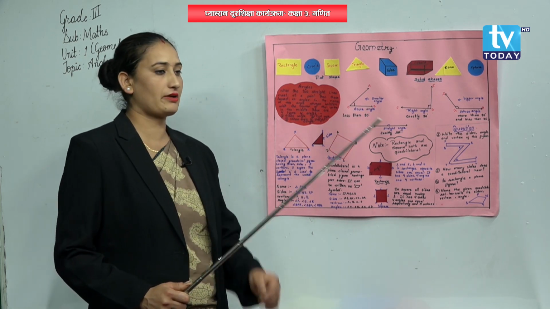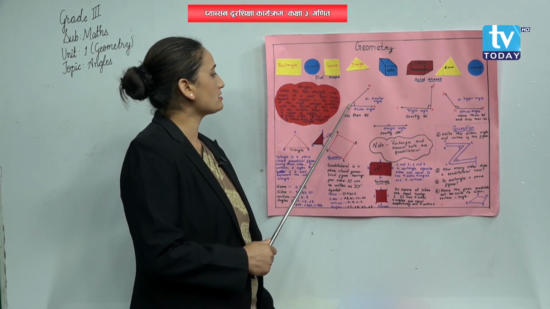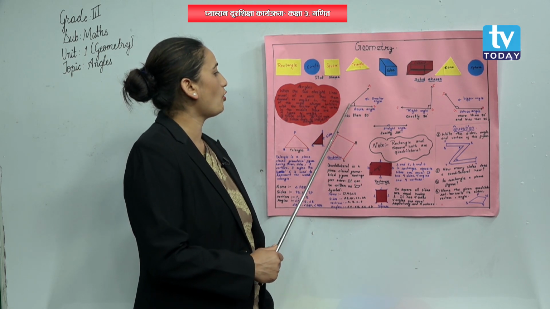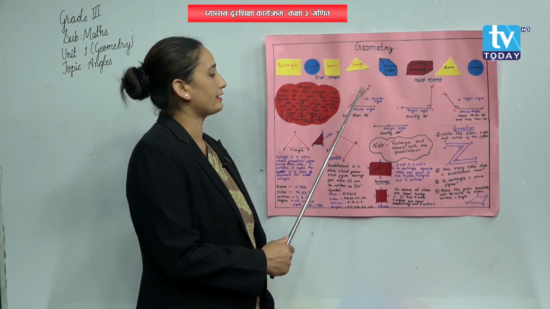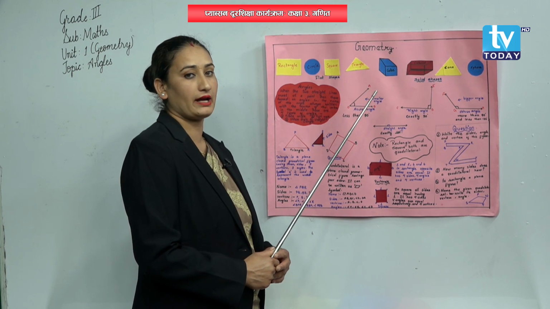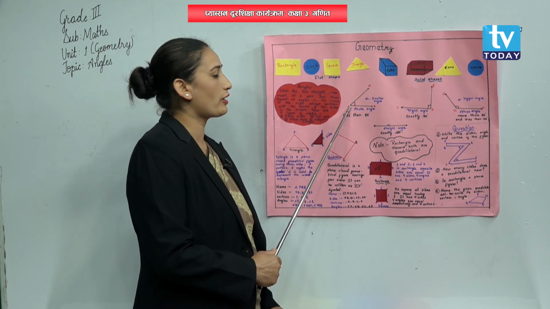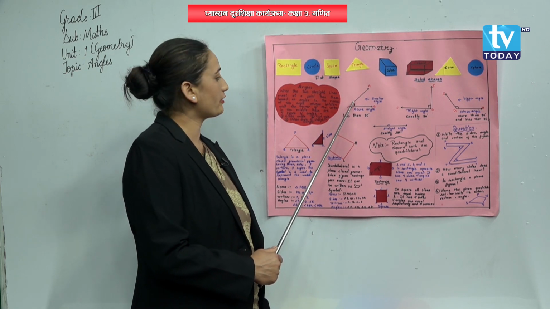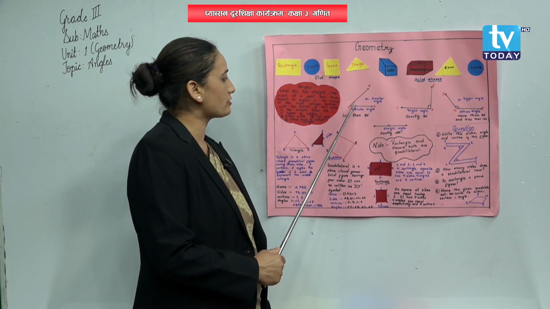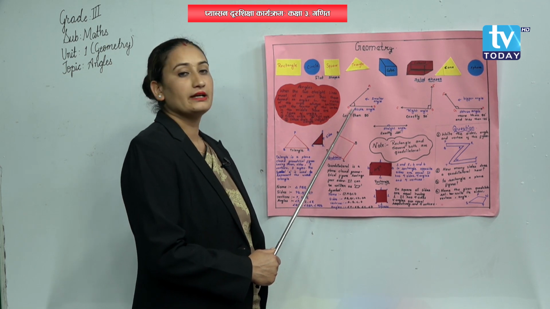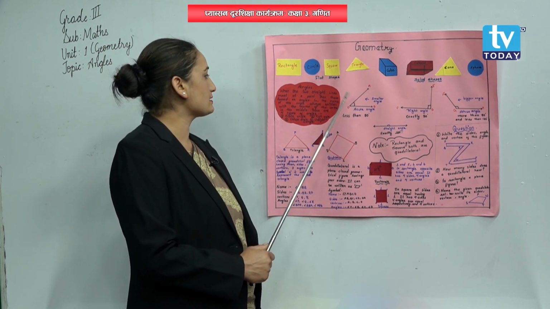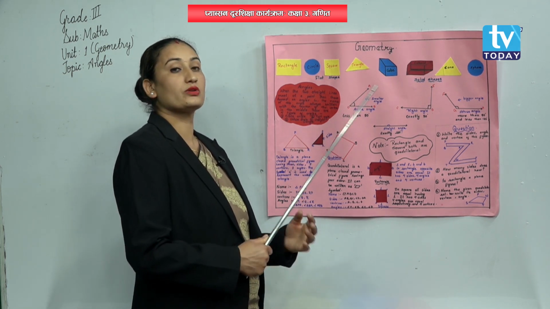First of all, let's revise the angle. These two are straight lines, OV and OA, right? When these straight lines meet at one point, that is point O, they form a small angle. Have you noticed this angle?